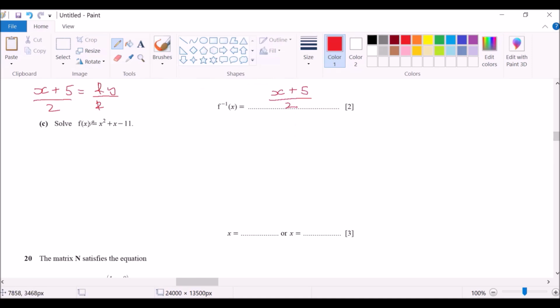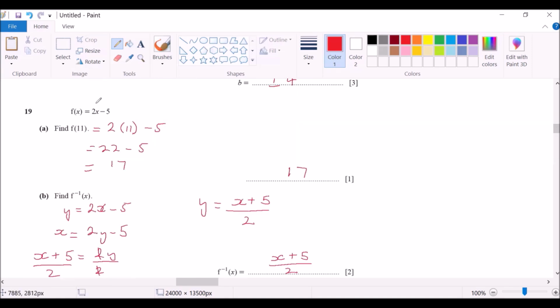Solve f of x is equal to x squared plus x minus 11. f of x is equal to 2x minus 5 from this statement. So whenever we see f of x, we put 2x minus 5.